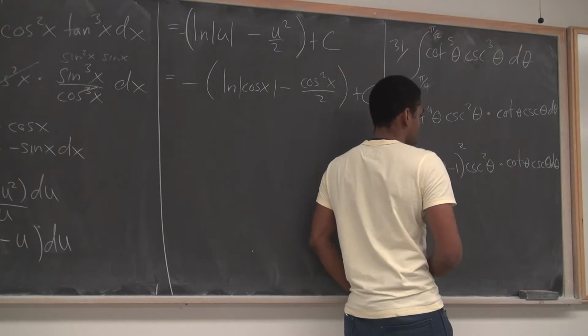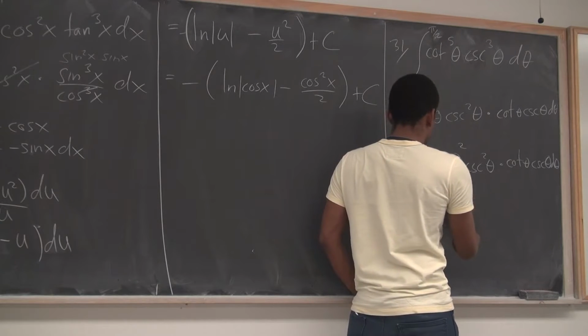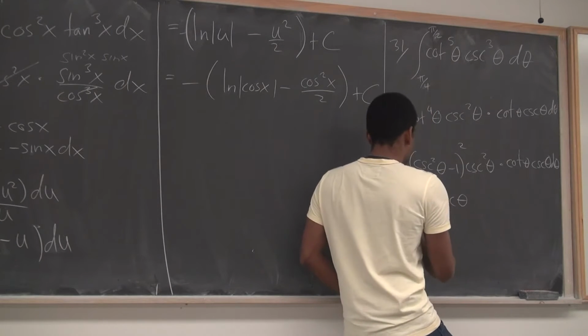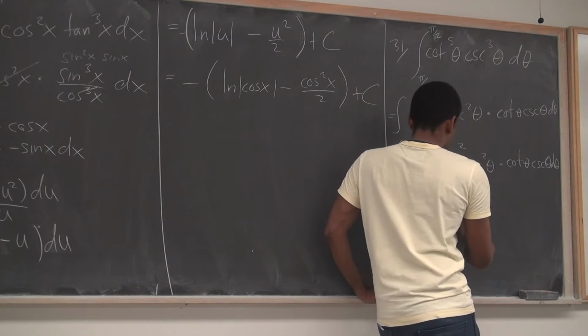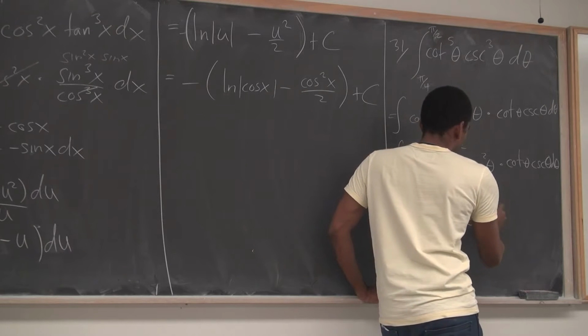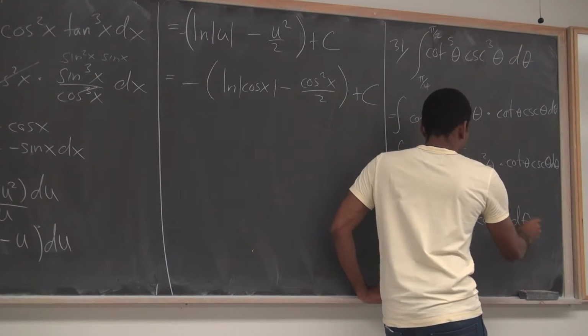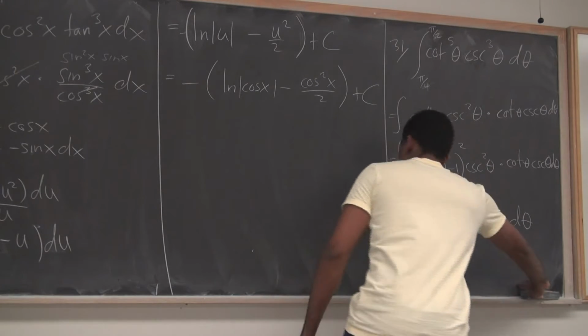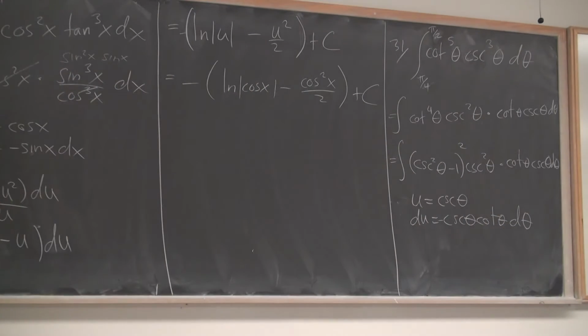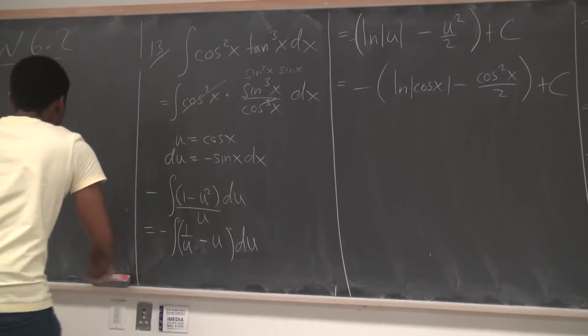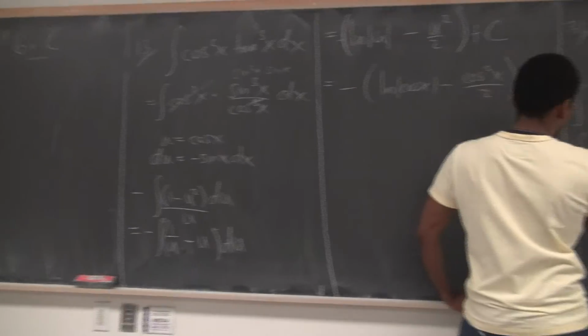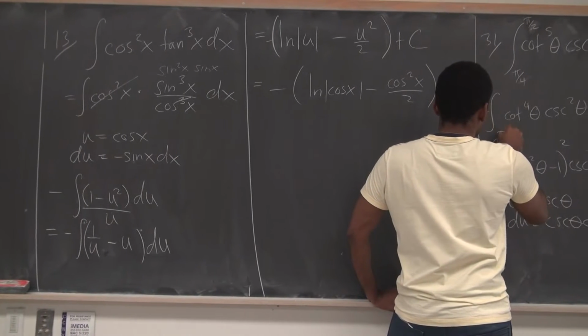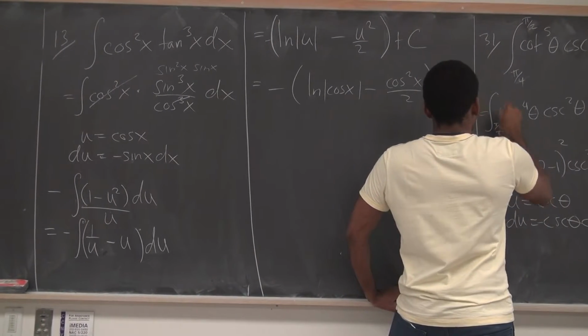u equals cosecant, du is negative cosecant cotangent. And so we end up with, of course, there are still limits on this, pi over 4 to pi over 2.